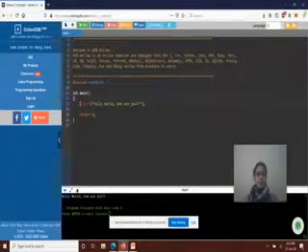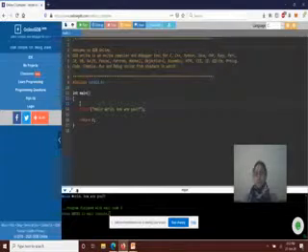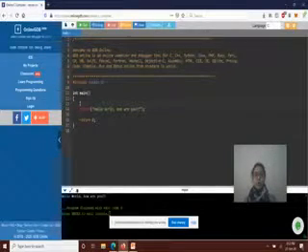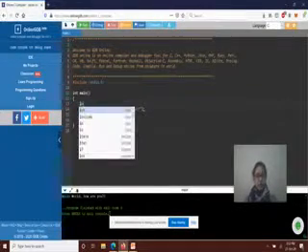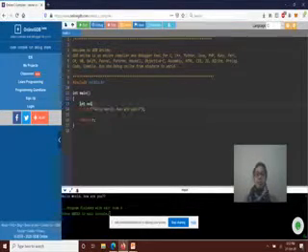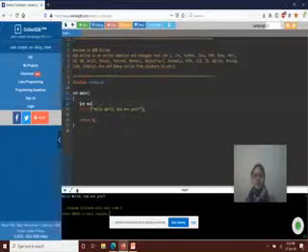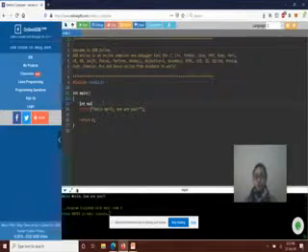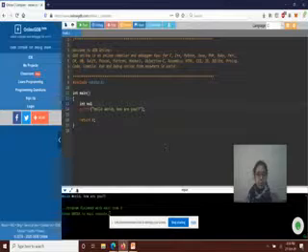Now, let us try to declare some variables which are going to use these data types that we just discussed. So I am declaring a variable, say number one, and I'm giving it a data type of integer, right? So int is the data type here, and no1 is a valid variable name.